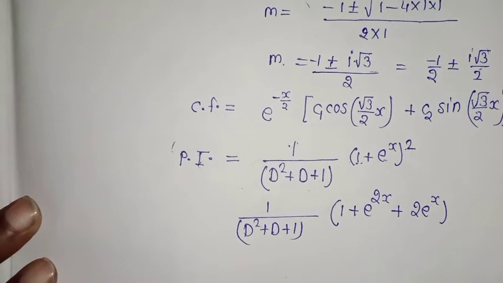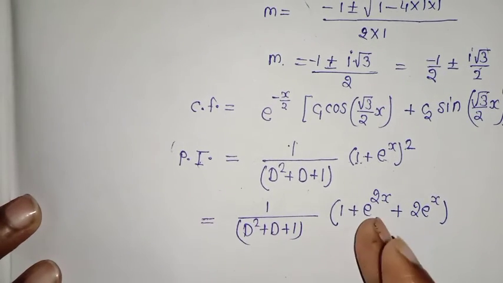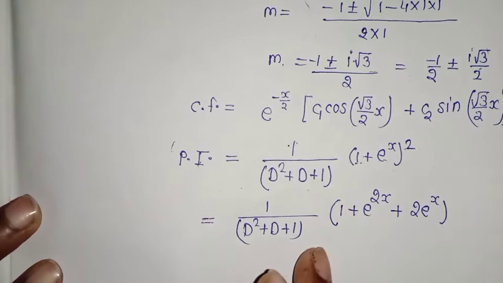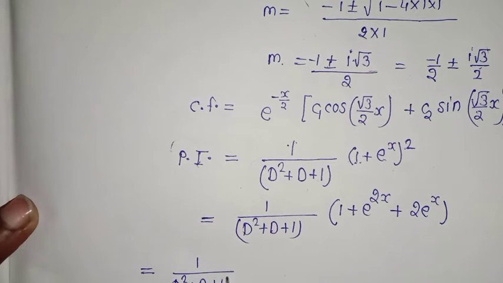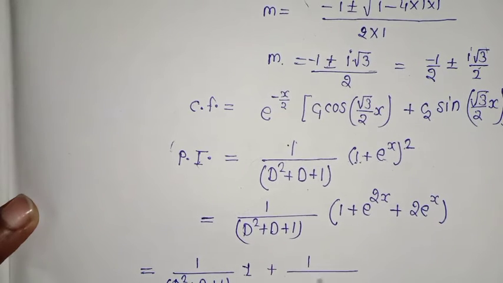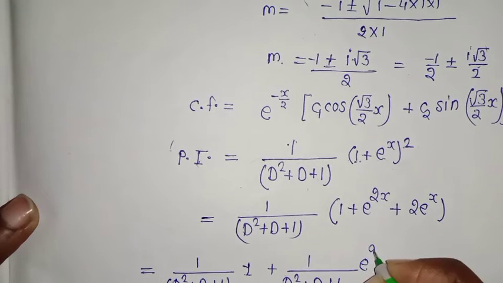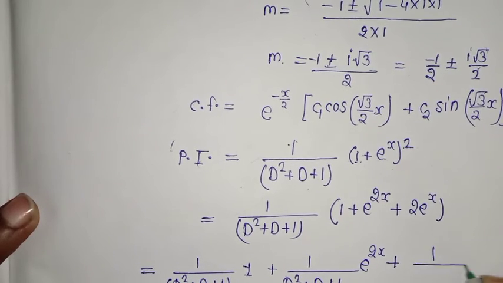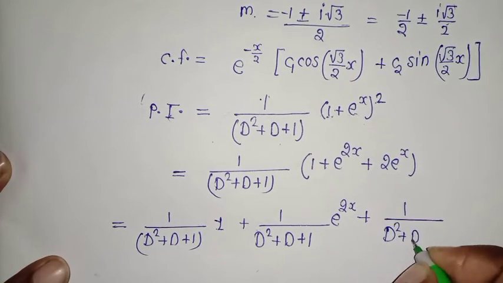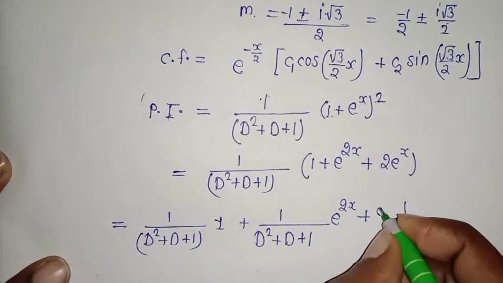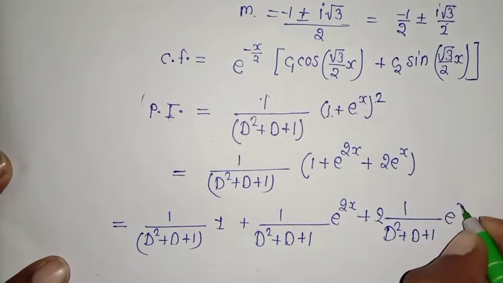I hope you are understanding. And now I am going to separate each term with this function. So if I separate it, I will get 1 by D square plus D plus 1 into 1, plus 1 by D square plus D plus 1 into e raised to power 2x, plus 1 by D square plus D plus 1, where 2 is a constant so we can take it outside, into e raised to power x.